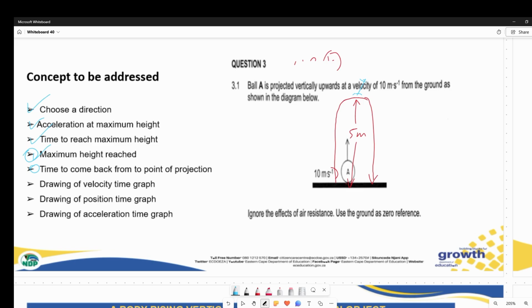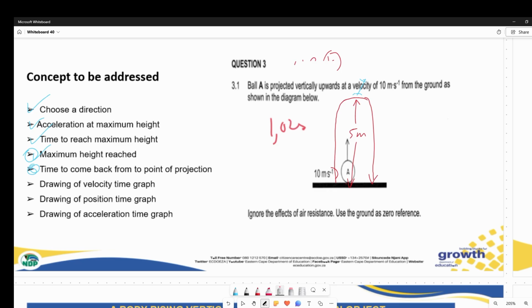Okay, learners, now let's go to the time to come back to the point of projection. So now we want the time from here to here. We've calculated the time from point A to point B, and we got 1.02 seconds.